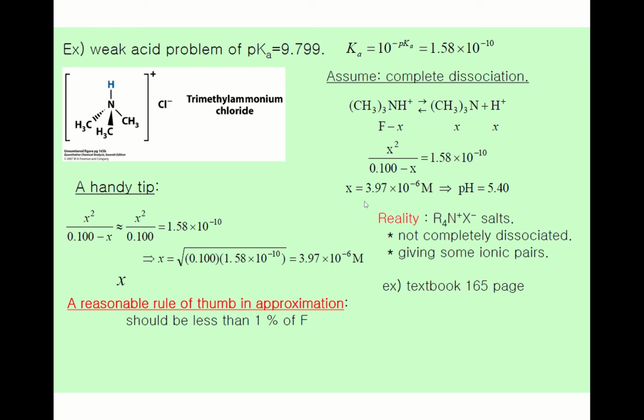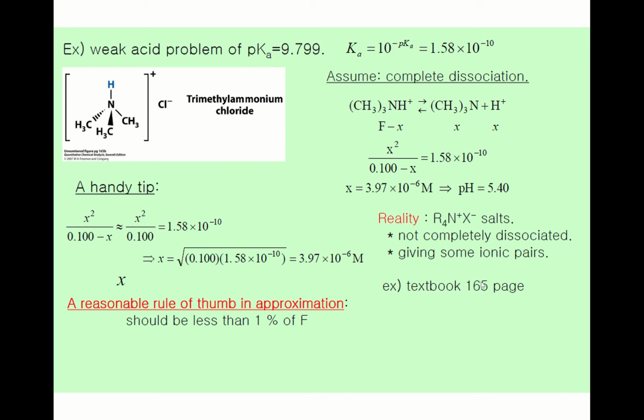We solve this equation, and then we get a pH of 5.40. But actually this compound cannot be completely dissociated. So we set up this equation. It is not completely dissociated, giving some ion pairs.